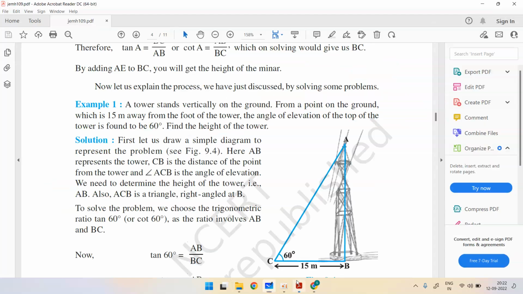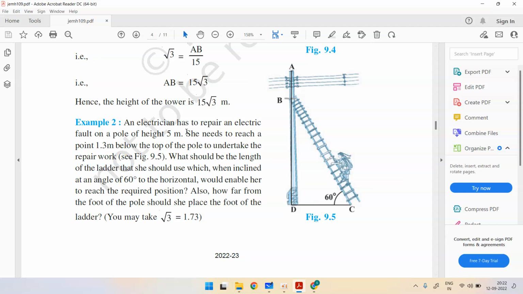Now, next is example 2. What does example 2 say? An electrician has to repair an electric fault on a pole of height 5 meters. She needs to reach a point 1.3 meters below the top of the pole to do the repair work.